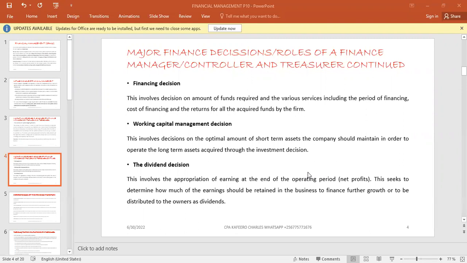If we are going to get the money from a loan facility or a financial aid, from the bank, we are looking at how much it will cost us to get that loan. And secondly, if they are going to give us a loan, in which period will it be? Are we taking a long term or a short term?